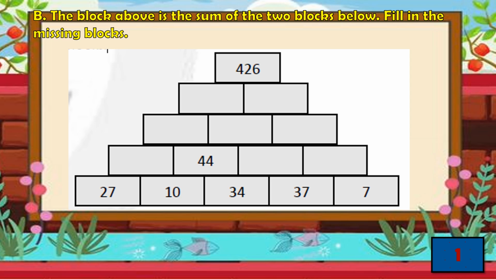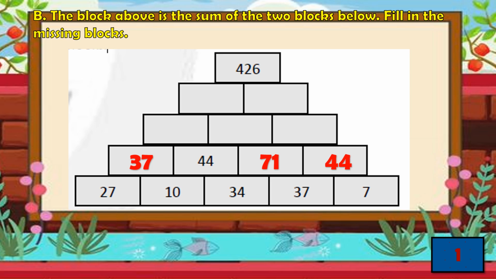Okay, so you have the example. So 10 plus 34 is equals to 44. So let us now answer 27 and 10. If you are going to add 27 and 10, you will get 37. And then the next is 37 plus 34 is equals to 71. And then 37 plus 7, the answer is 44.